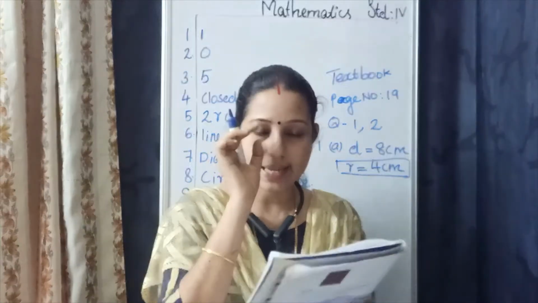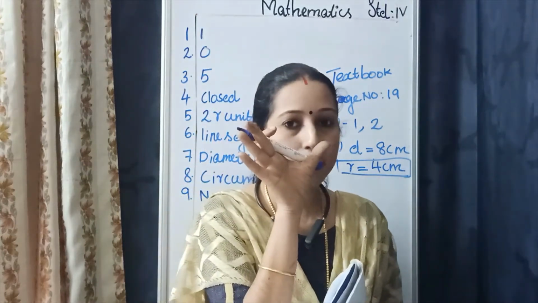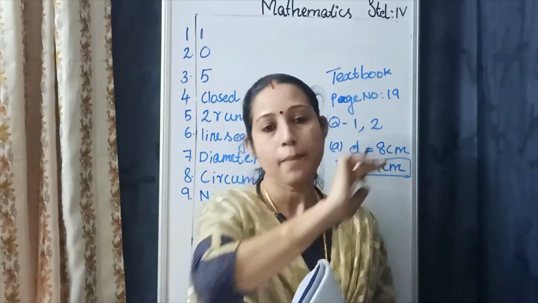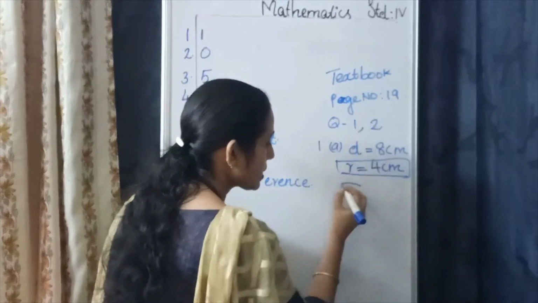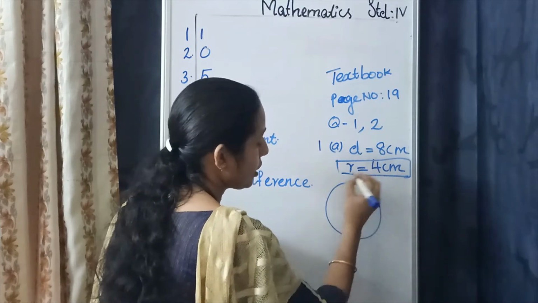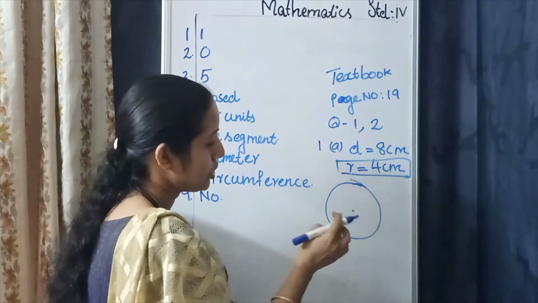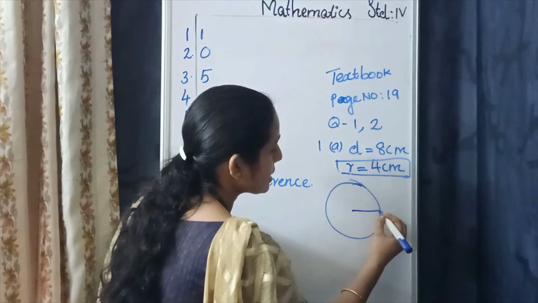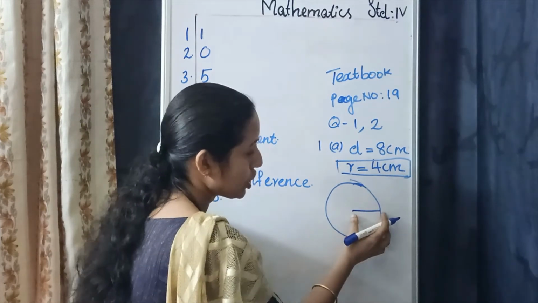Then in the second question B, radius equal to 6 centimeter. Take 6 centimeter measure in your compass, then fix it on the paper, then rotate the pencil. After drawing, for example, if you draw a circle with radius 4 centimeter, first you need a point, that is the center, then draw the radius this way, then using a ruler or scale, measure this length.